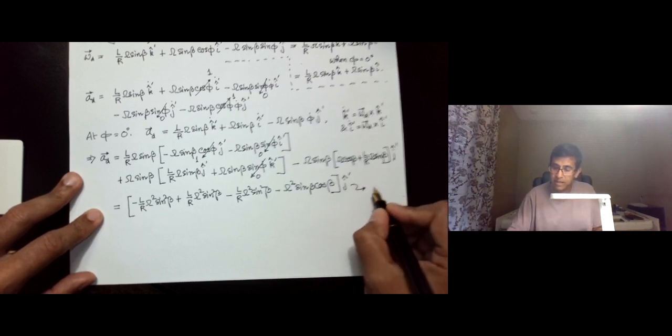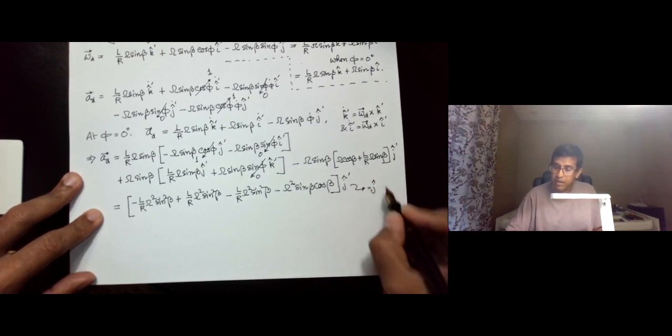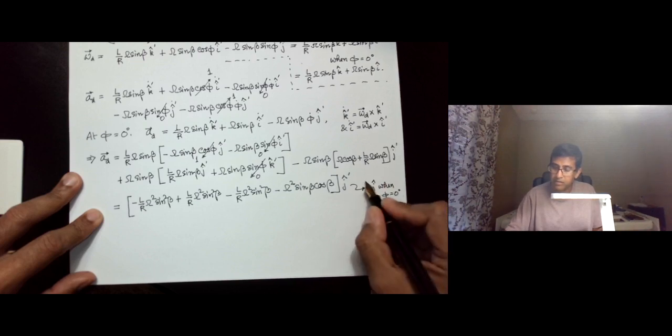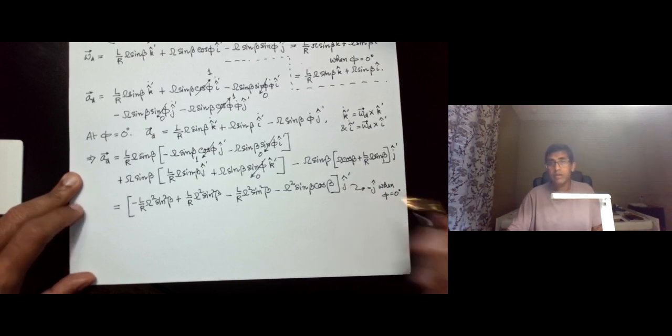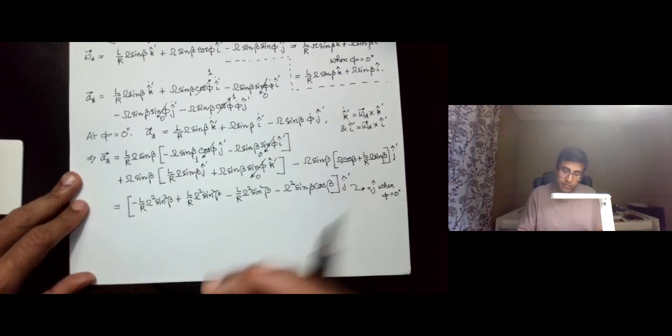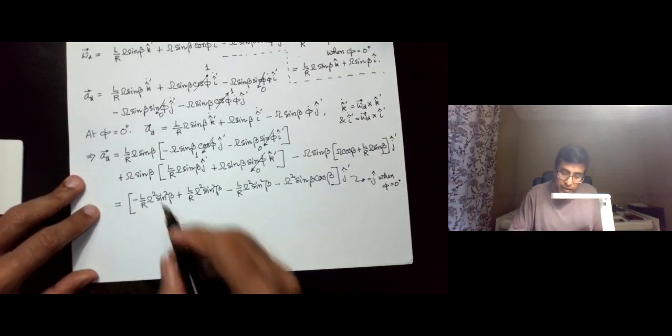By the way, this is equal to j when phi is equal to 0 degrees. So we could write this as j because we have substituted phi equals 0.